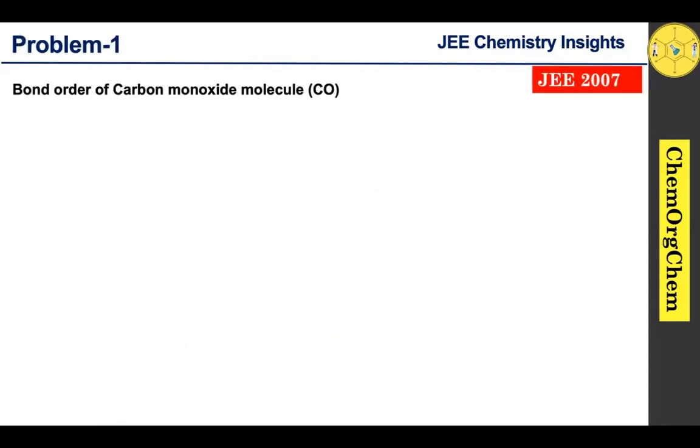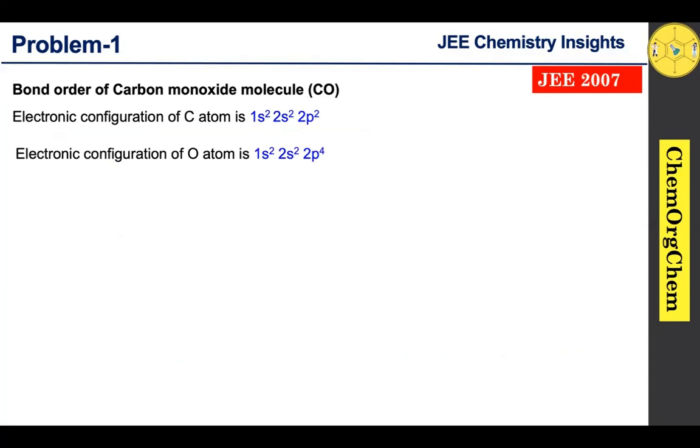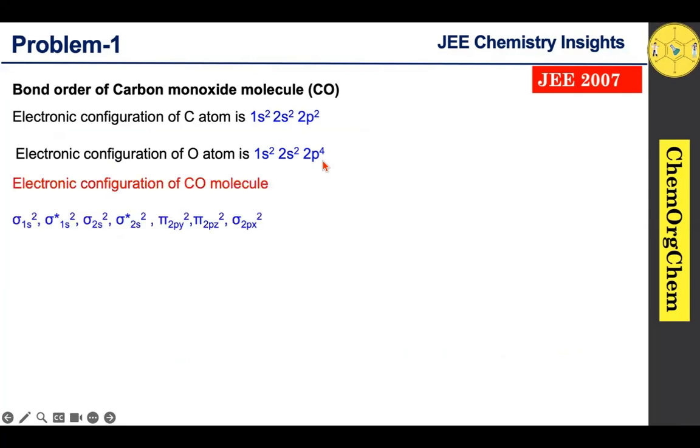First you should write down the electronic configuration of the carbon atom, which is 1s2, 2s2, 2p2. Next, write down the electronic configuration of the oxygen atom, which is 1s2, 2s2, 2p4. Next we need to write down the electronic configuration of the carbon monoxide molecule.